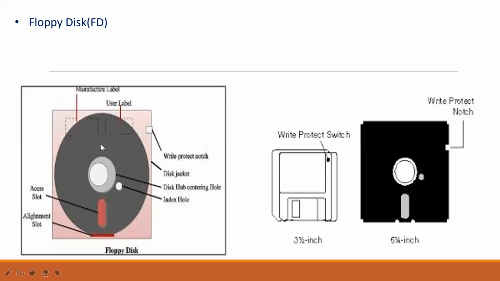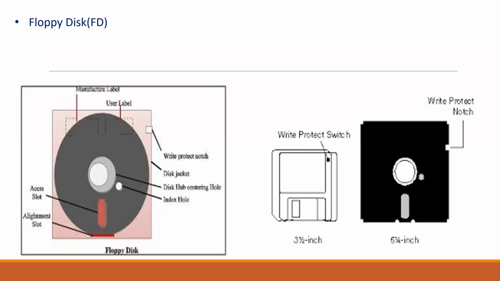See in the figure, this type of floppy disk was available in two sizes in those days. That is 3.5 inch and 5.25 inch. Both are floppy disks, but in different sizes. Different sizes require different size floppy disk drives.